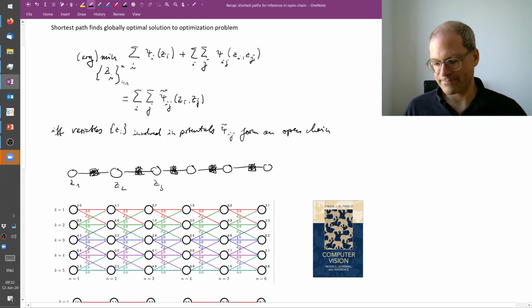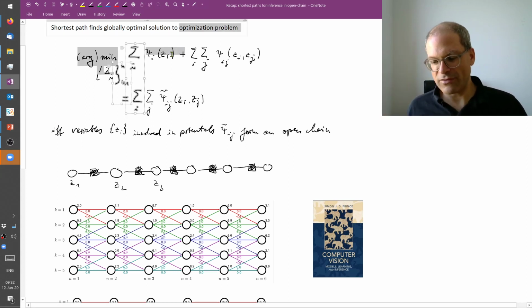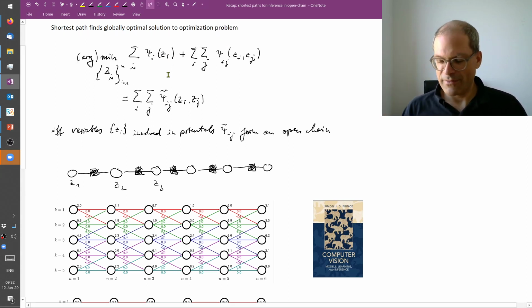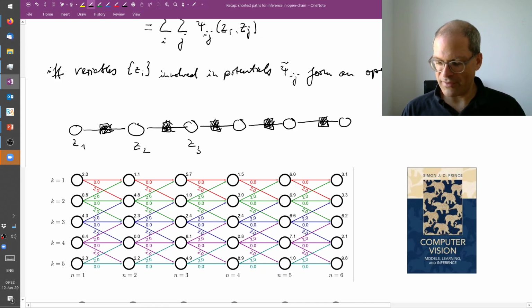and so on. All right, and we now have a cost associated with the different states of each individual random variable. In this picture by Prince, these costs were shown in this upper right corner.